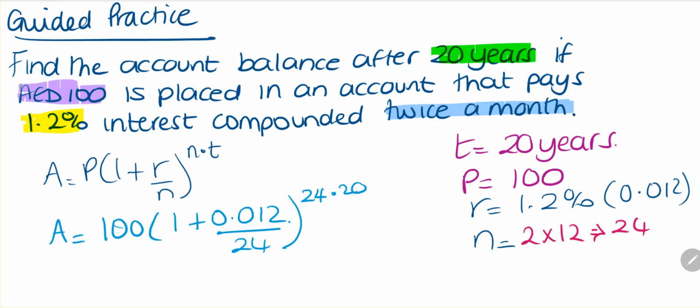If we put that into our calculator and work this out, we will have approximately 127.117, which we're going to round, so this is going to be 127.12.